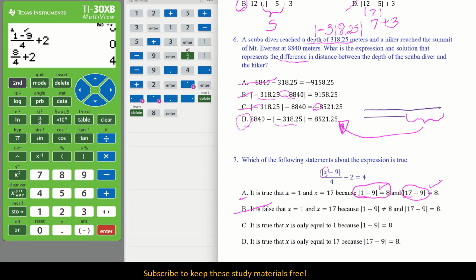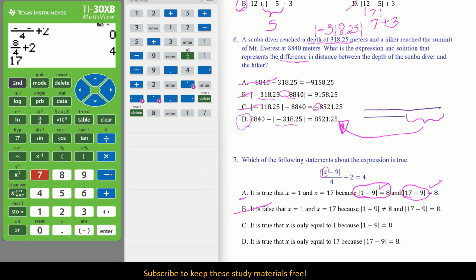Let's look at C. It is true that x is only equal to 1 because the absolute value of 1 minus 9 equals 8. That's not true because the absolute value of 17 minus 9 also equals 8. And we've already entered the expression in the calculator with both 1 and 17. Well, we didn't try 17, but it doesn't matter because we know it's 8.